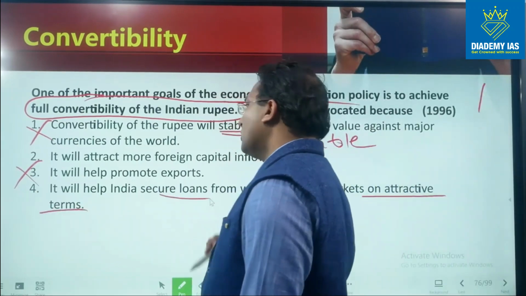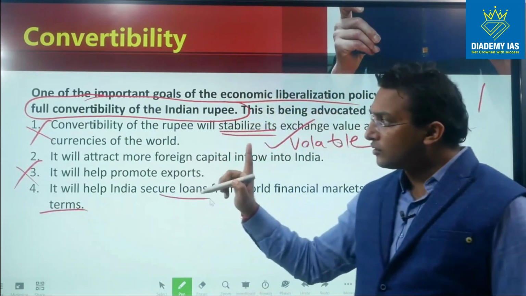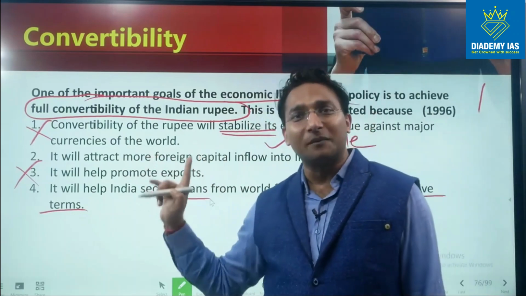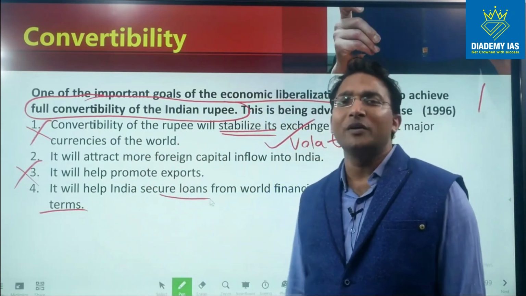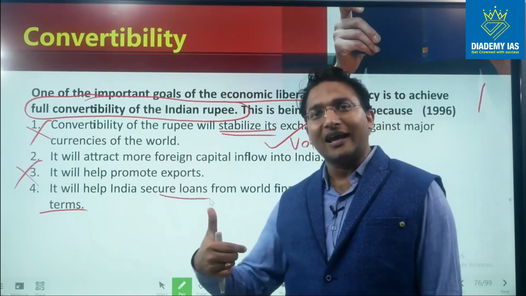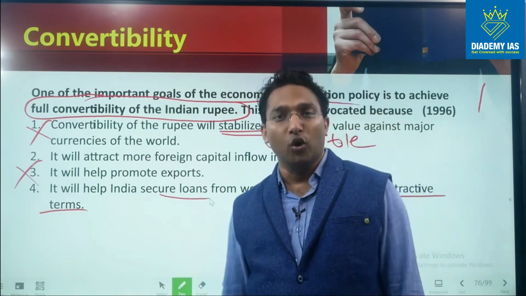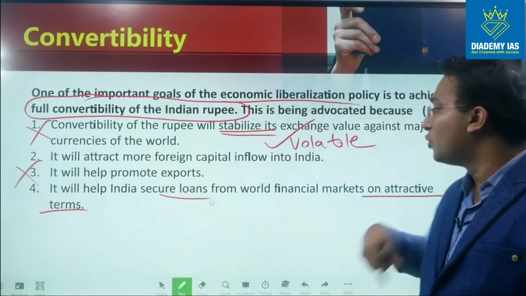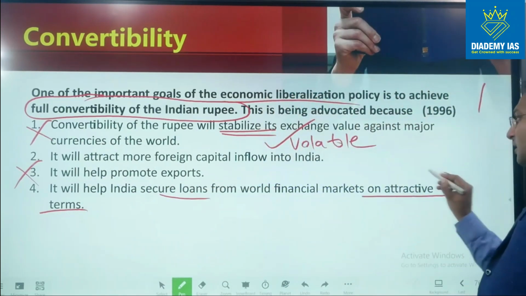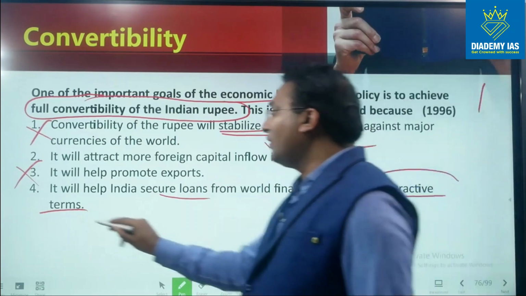Right? So statement 2 and statement 4 both seem to be correct. In this case, which statement is more correct? Statement 2 is also correct. Statement 4 is more accurate because here the loan is available on more attractive terms.